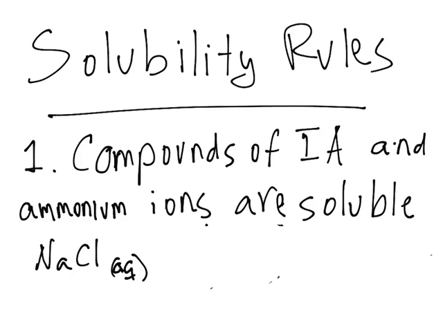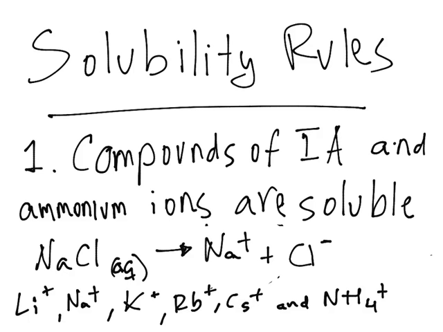It will be able to dissociate into its ions, exactly what happens to a strong electrolyte. Let me write down what these elements were. So there you have it. That is the first solubility rule.